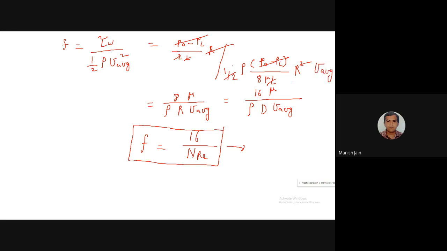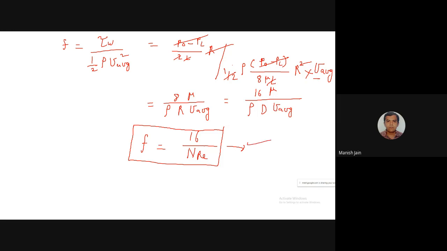Substitute the one value of v average, then only you will get rho dv. Otherwise, how will you get the v average? So substitute the one value of v average, and that one value will remain constant. Then only you will get this value.